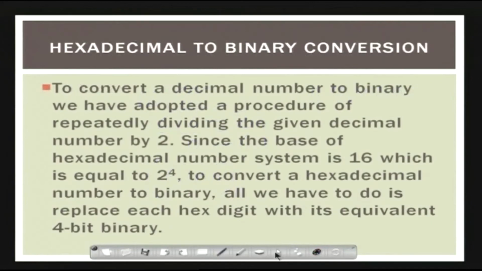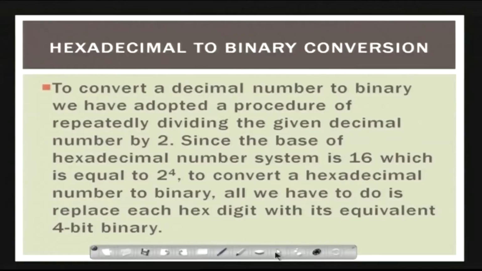Now, we will see the conversion of hexadecimal to binary. We know how we converted a decimal number to a binary number. What we did was, we divided the decimal number repeatedly by 2 and converted it to binary form, which we did in the earlier lecture series. Now, we are going to see the same way. We know that a hexadecimal number has base 16 and 16 is nothing but 2 power 4.